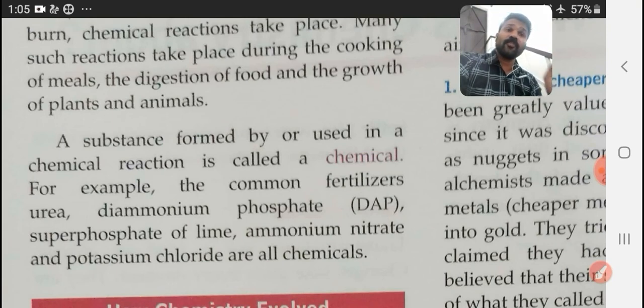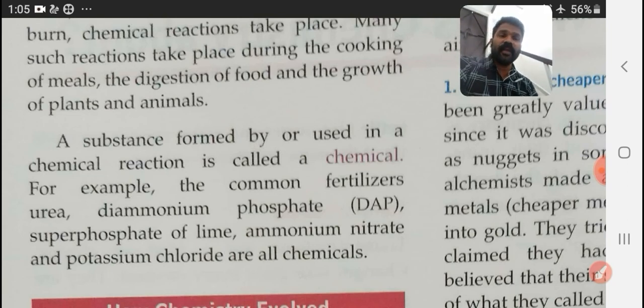A substance which is formed by or used in a chemical reaction is called a chemical.